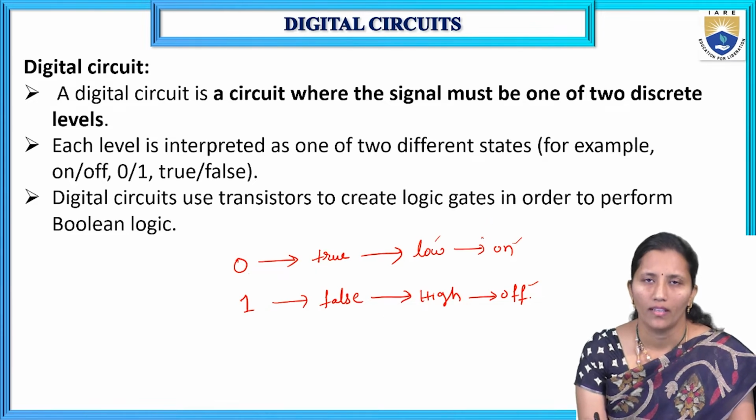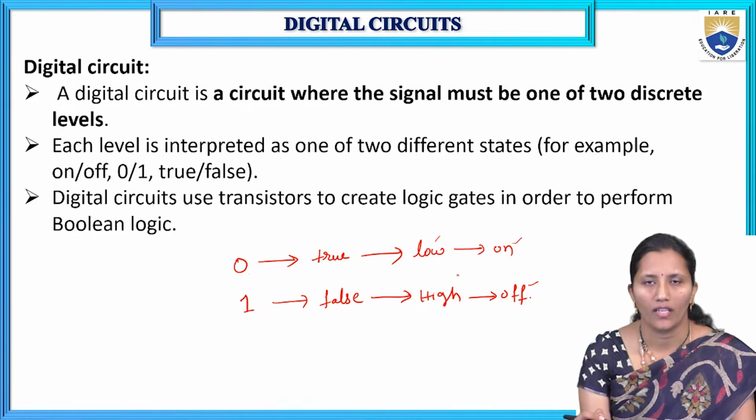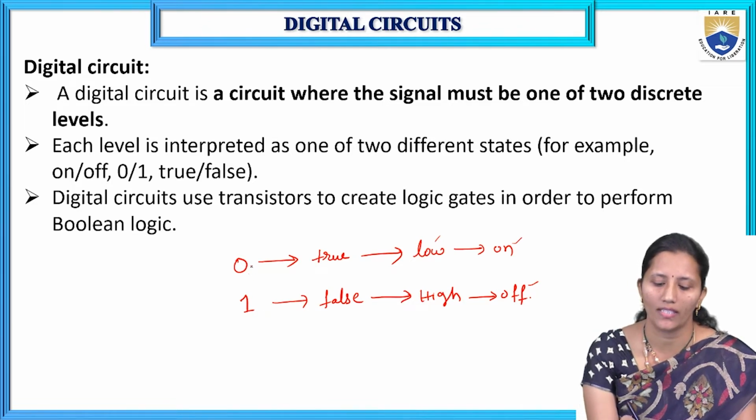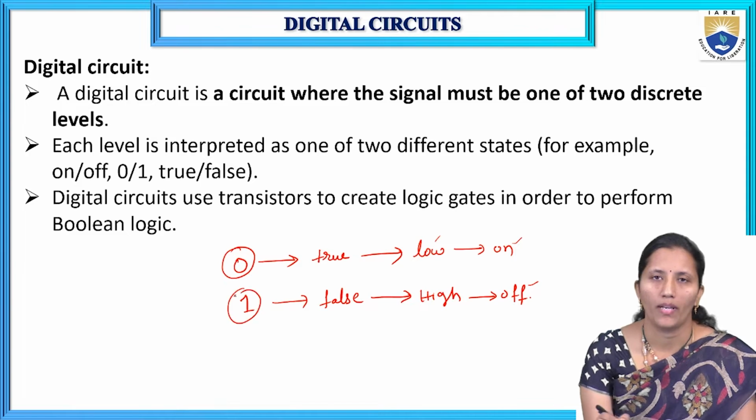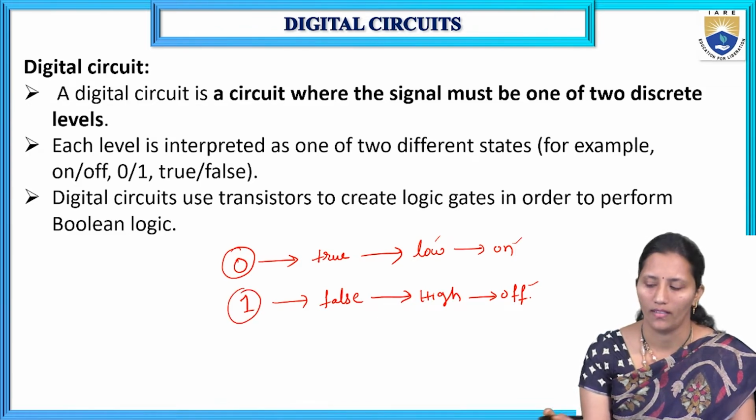The main applications of digital system design, whatever we are studying, will be used in the design of integrated circuits, where the integrated circuits are developed with transistors, and the logic applied for the digital circuits is either 0 or 1.